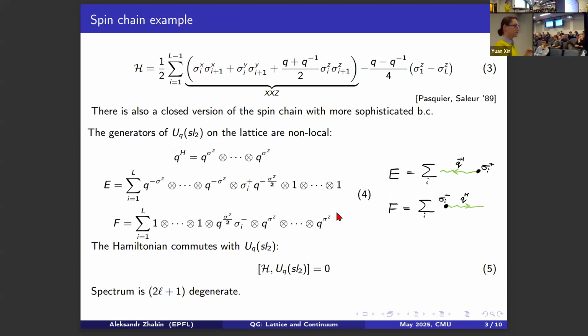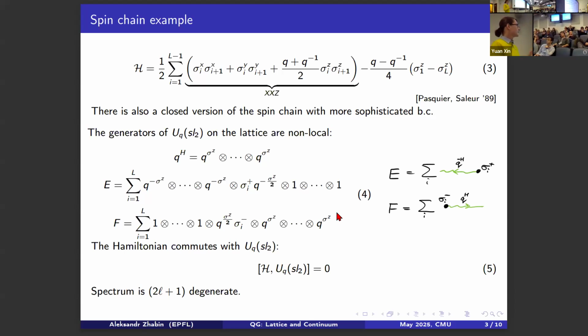The bulk part of the Hamiltonian is just the standard XXZ Hamiltonian, but the parameterization of the coupling in front of sigma z is given in terms of q. But what is important is the boundary term. This boundary term provides us the quantum group symmetry. There is also a closed version of the spin chain, but the boundary conditions will be more sophisticated.